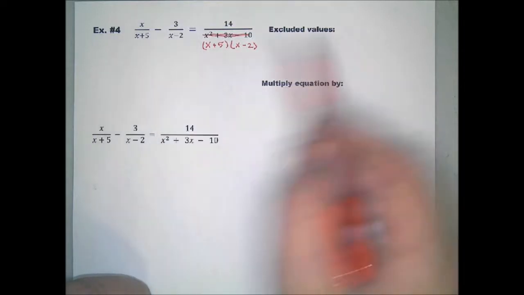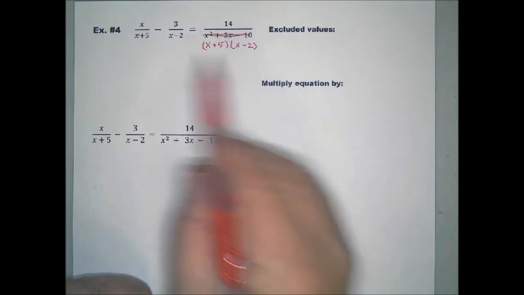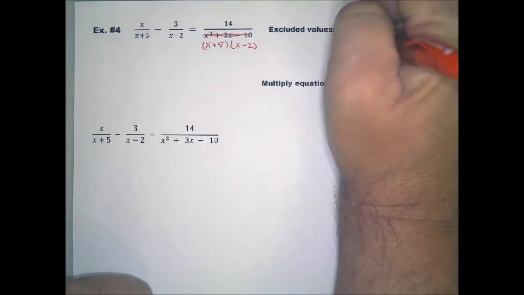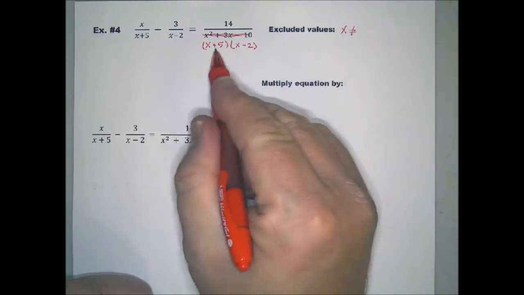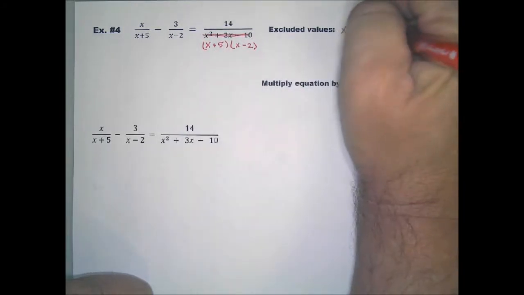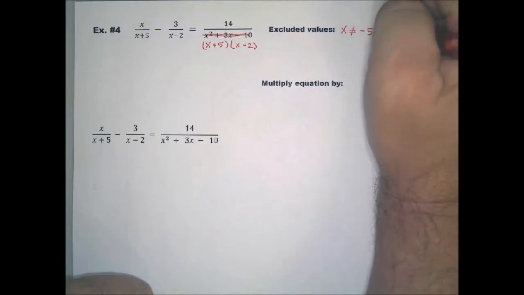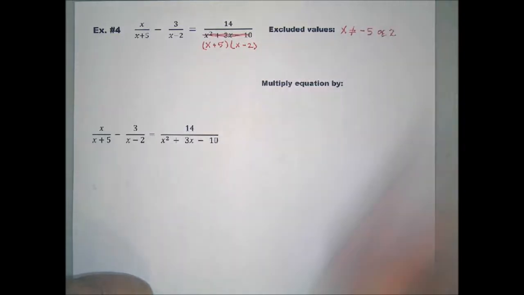So let's worry about our excluded values first. Everything's factored, so I know x cannot be negative 5 or positive 2. Either one of those values of x, we're going to have to throw out if that's one of our answers.